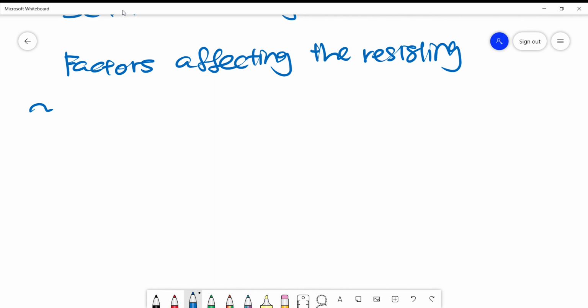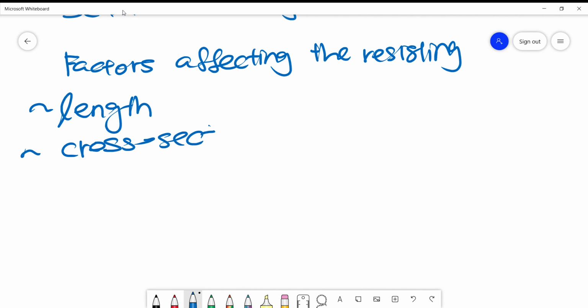So what are the factors that cause the resistance? For the first one, it's the length of the wire. The longer the wire, the higher the resistance. The second one is the cross-sectional area of the wire.